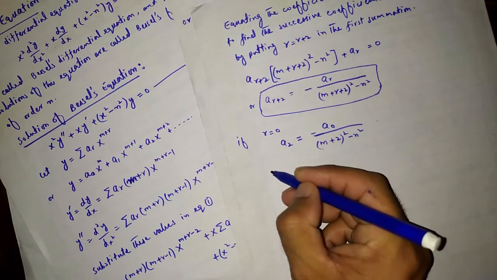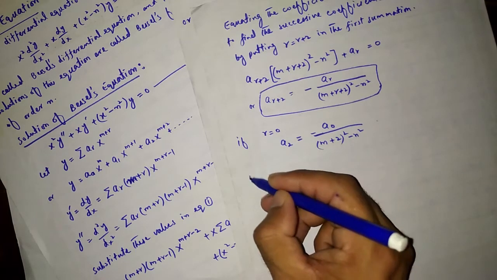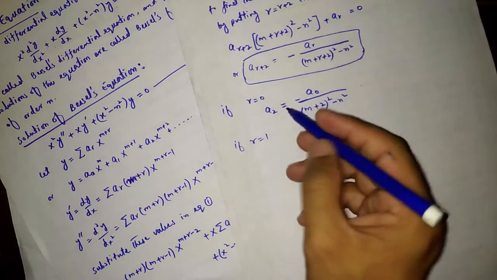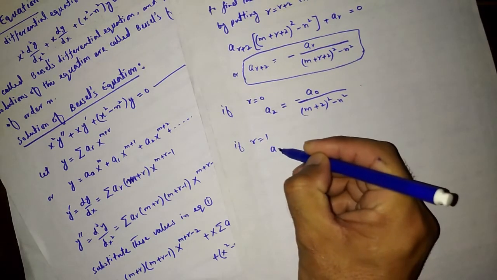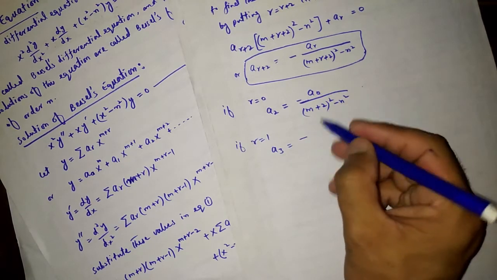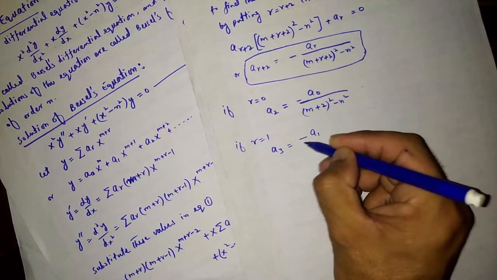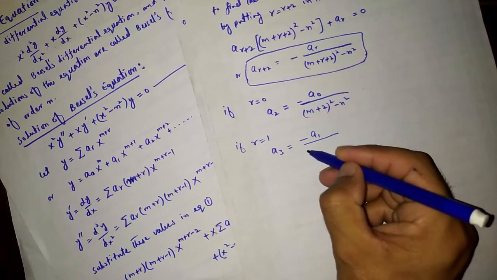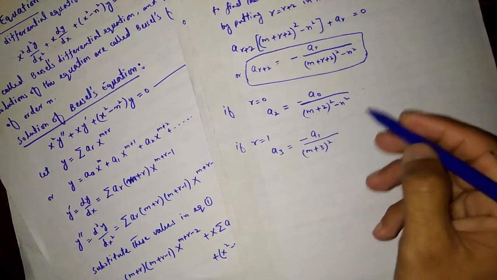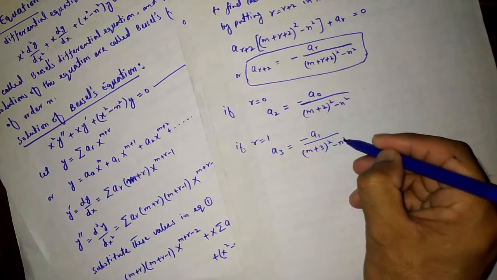And for r is equal to 1, we will get a3. a3 is equal to minus a1 divided by m plus 3 whole square minus n square.